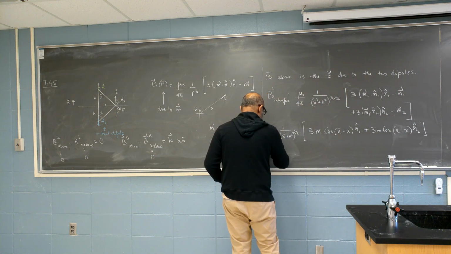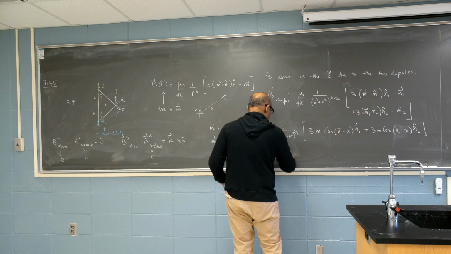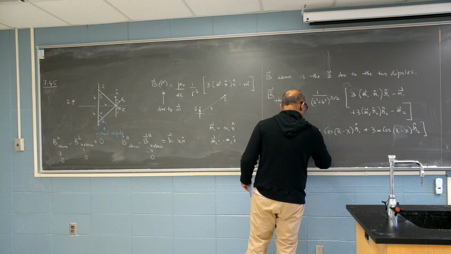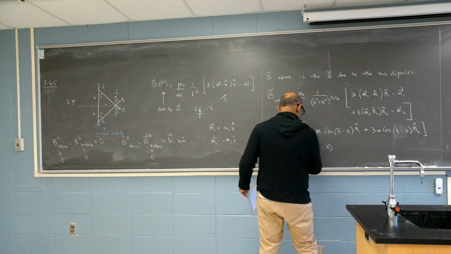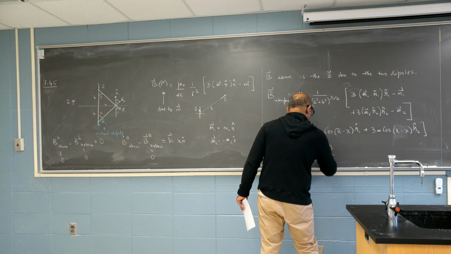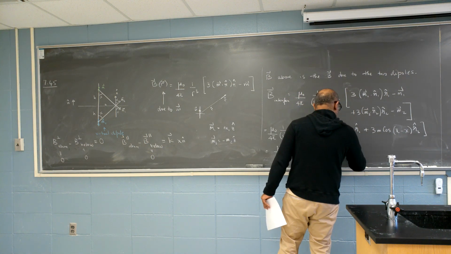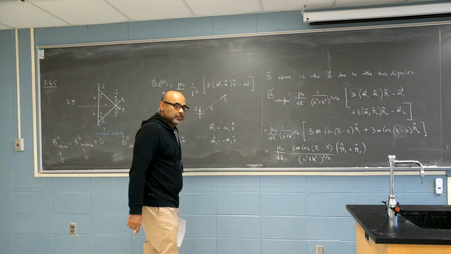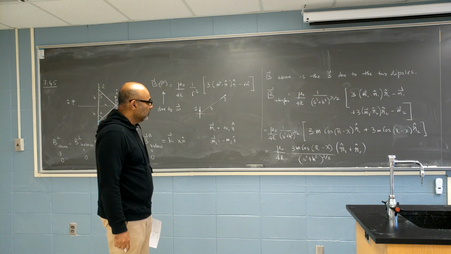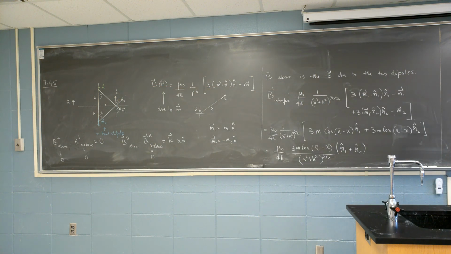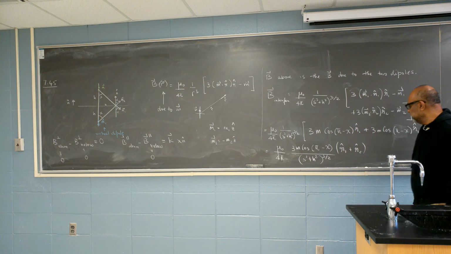So then I have mu0 over 4 pi 3m cosine pi minus chi over s squared plus h squared to the 3/2 times R1 plus R2. And guess which way R1 plus R2 points.